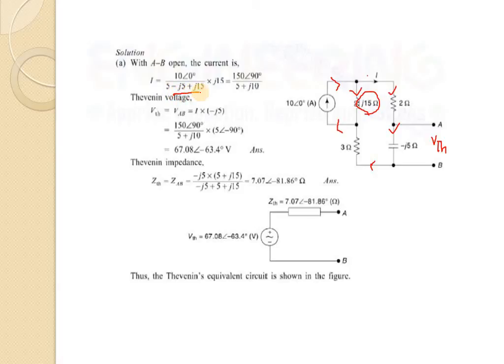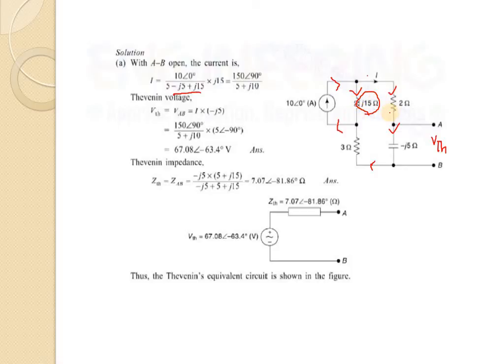Okay, have you understood? The total current is 10, multiply this is the same current is flowing to 2 ohm minus J5 ohm. Same current is flowing here. That means by using current divider rule, if we want to calculate the current through this branch, definitely we have to multiply it with opposite parallel branch through which current is flowing. Here opposite branch is J15.